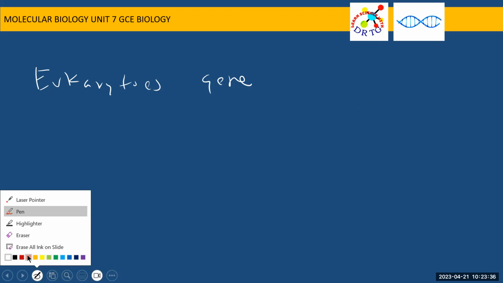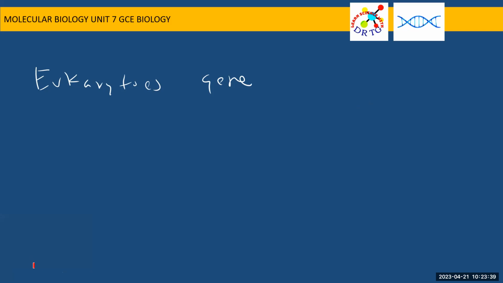By our original definition, a gene is a sequence of nucleotides which can provide codes to make a polypeptide chain. So this is a gene. A gene is a sequence of DNA that provides codes to make a polypeptide chain. After that, the polypeptide chain is altered to make the protein. So that is the definition of a gene.